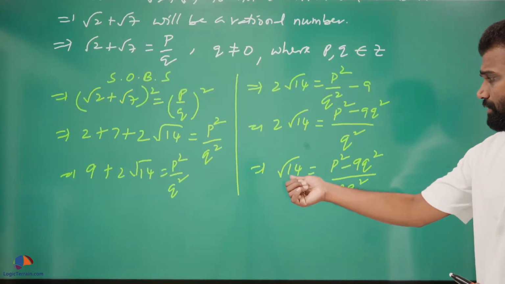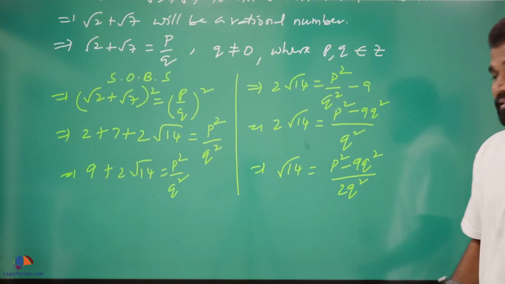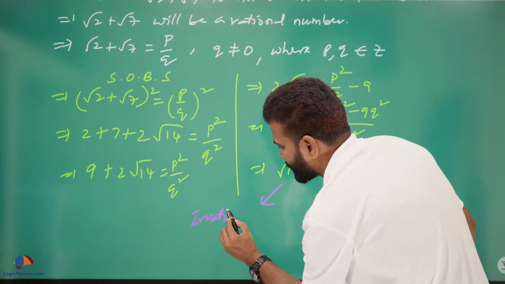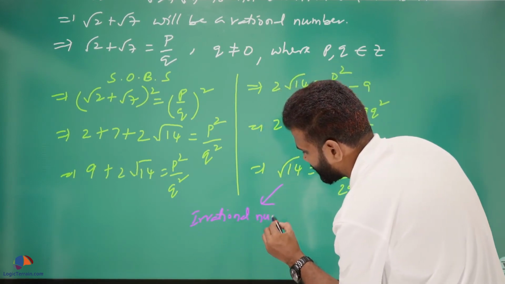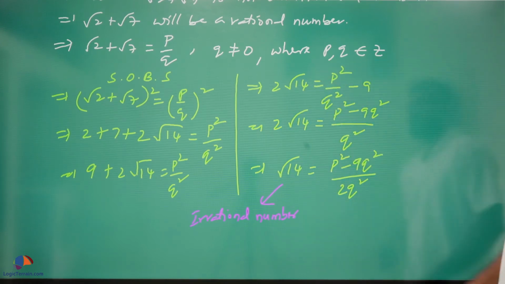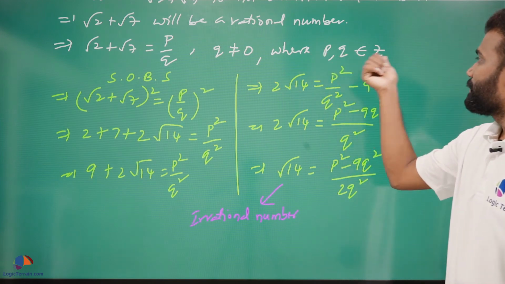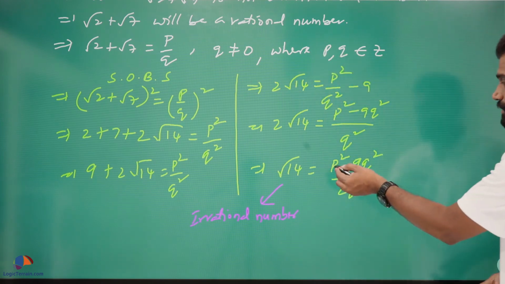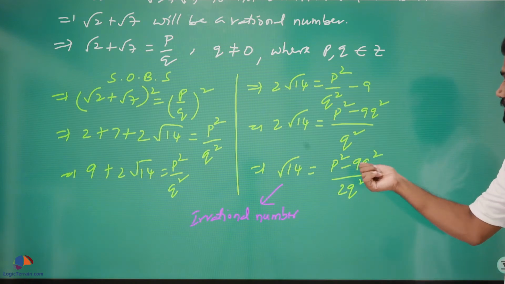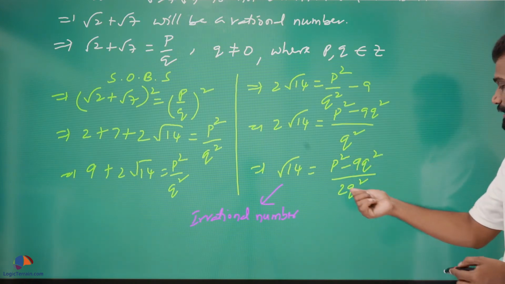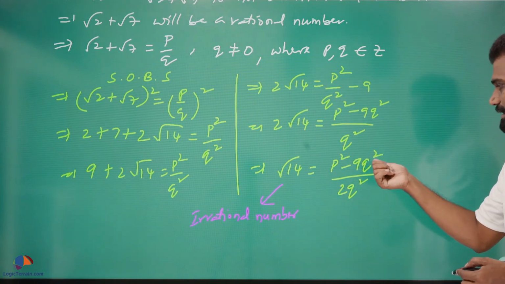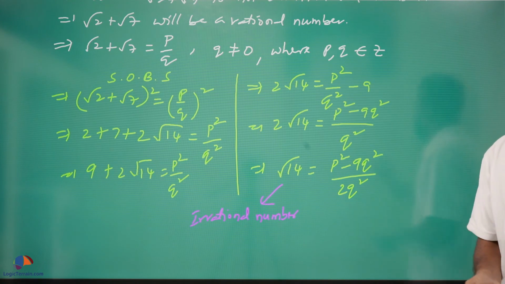Now we know clearly that square root 14 is an irrational number. But here, since p, q belong to integers, p square is also an integer, q square is also an integer, and integer into integer minus integer upon integer again gives an integer.